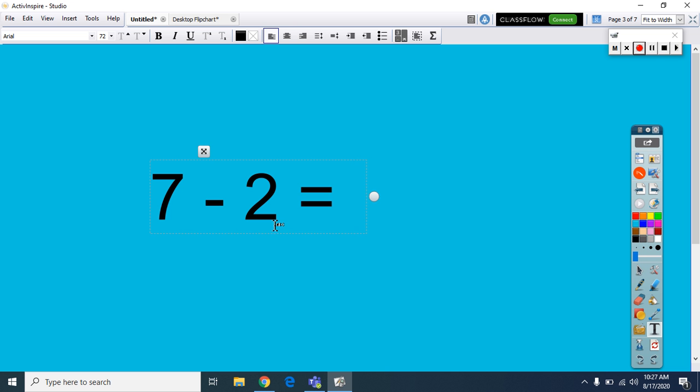Oops, why did I put the answer down there? Let's fix that. There we go. 7 take away 2 equals 5. Is the count back strategy that hard? No, not really. It is a little bit tricky sometimes to get used to counting backwards. That is definitely something that takes some practice to get better at.